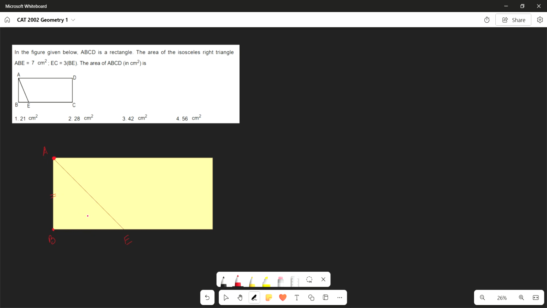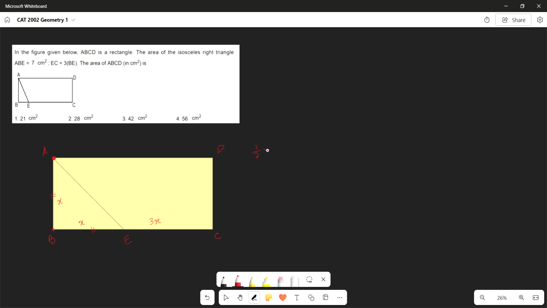That means AB and BE are equal to each other. This is C and this is D, and we are given that EC is 3 times of BE. So suppose BE is X, so AB will also be X and EC will be 3X.